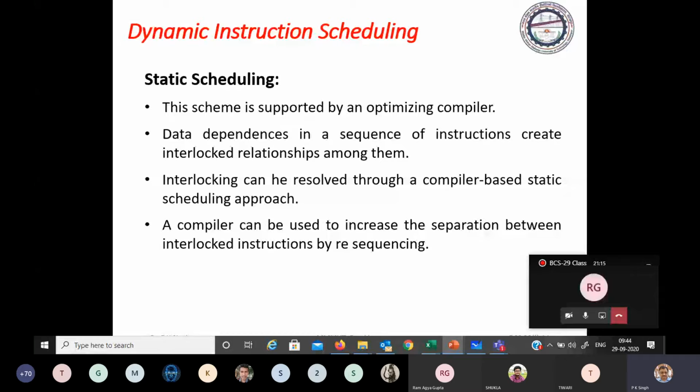As in the case of languages, memory allocation. If your compiler is responsible for allocation of the memory, then that is called static memory allocation.